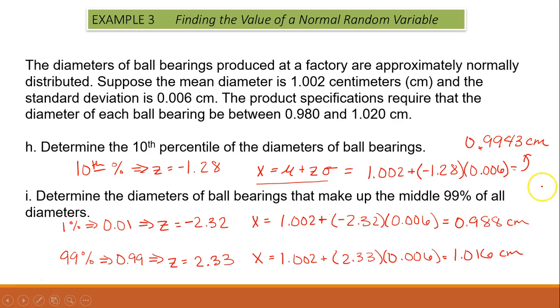So what this tells us is that the middle 99% of all diameters are going to be between these two values here, 0.988 and 1.016 centimeters. And there you go.